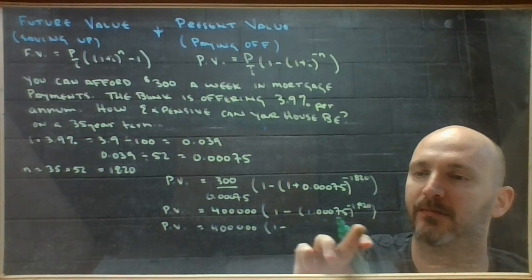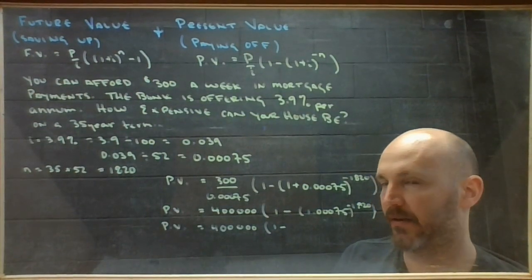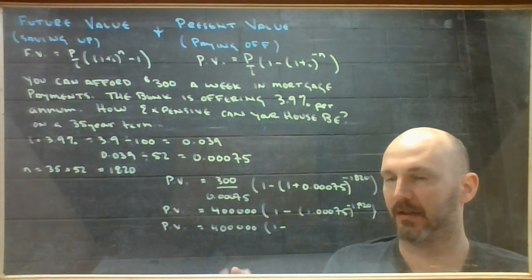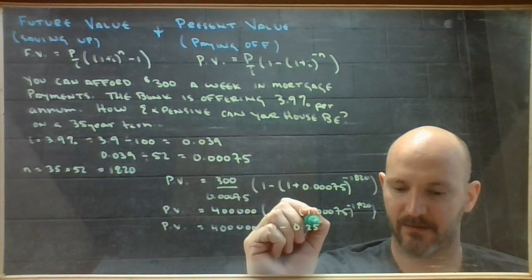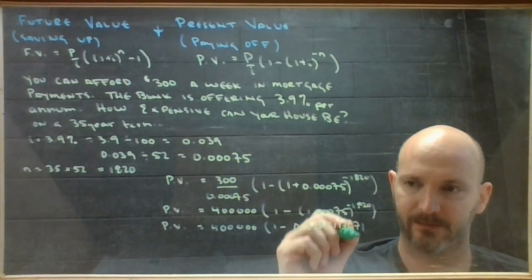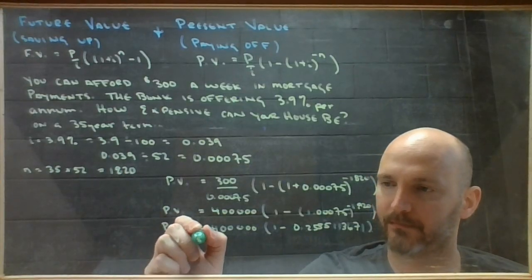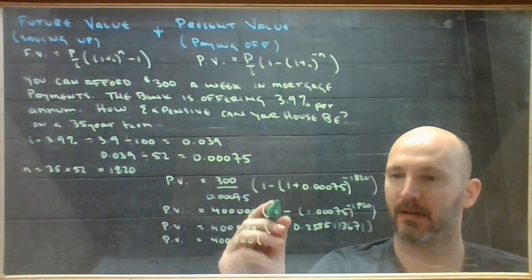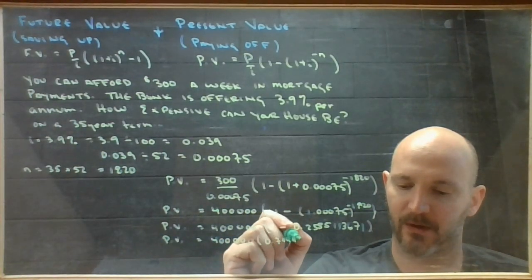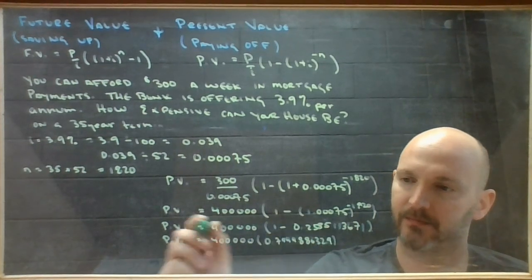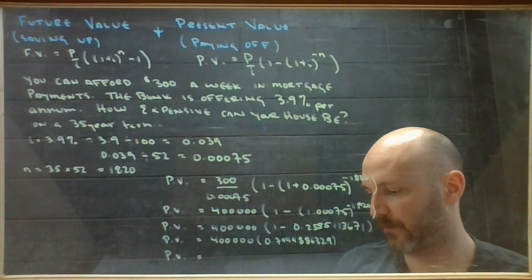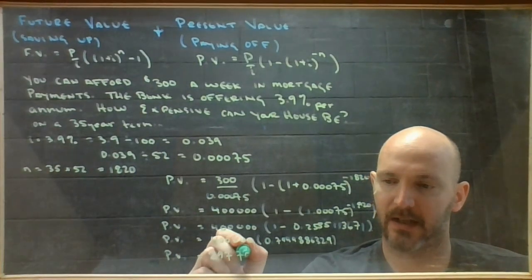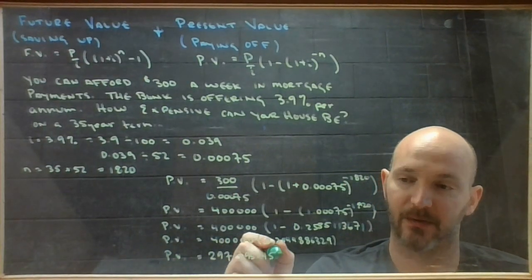Let's fix that. 1.00075 to the exponent negative 1,820 gives me 0.2555113671. 1 minus that value gives me 0.7444886329, multiplied by $400,000 gives me 297,795.4532, which rounds to 45 cents.